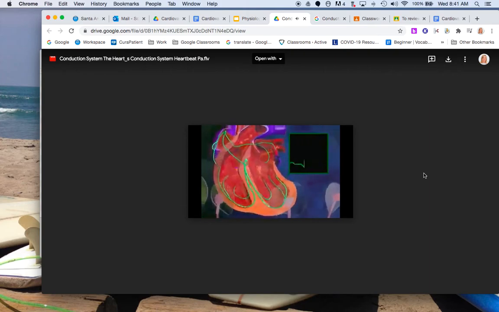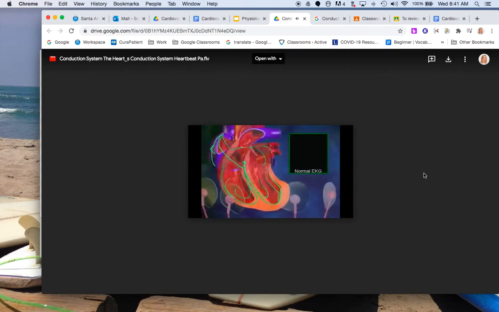The conduction system functions as the body's own pacemaker and keeps the heart beating at a normal rate of 60 to 100 beats per minute. If the activity of this system is interrupted due to heart damage or other medical conditions, it can cause the heart to beat at an abnormal rate or with an irregular rhythm. Should this occur, blood flow to the brain and other parts of the body could be compromised.